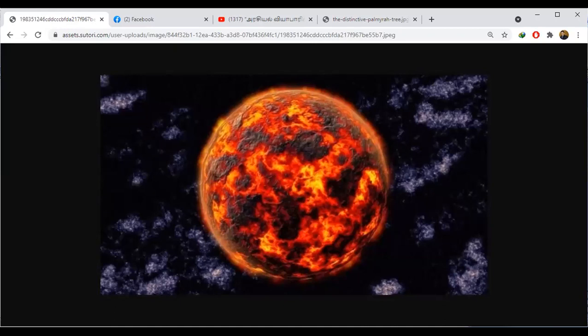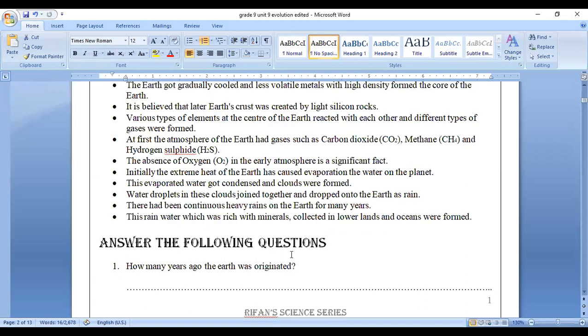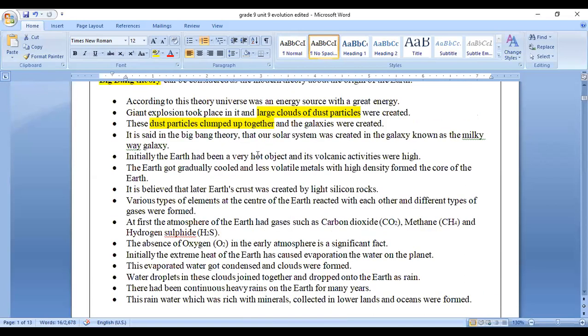So, in the note, let's see what they have told. Okay, initially Earth was a very hot object, and it had what kind of activities? Volcanic activity. Volcanoes were continuously bursting. So, using that line, I have asked a question.